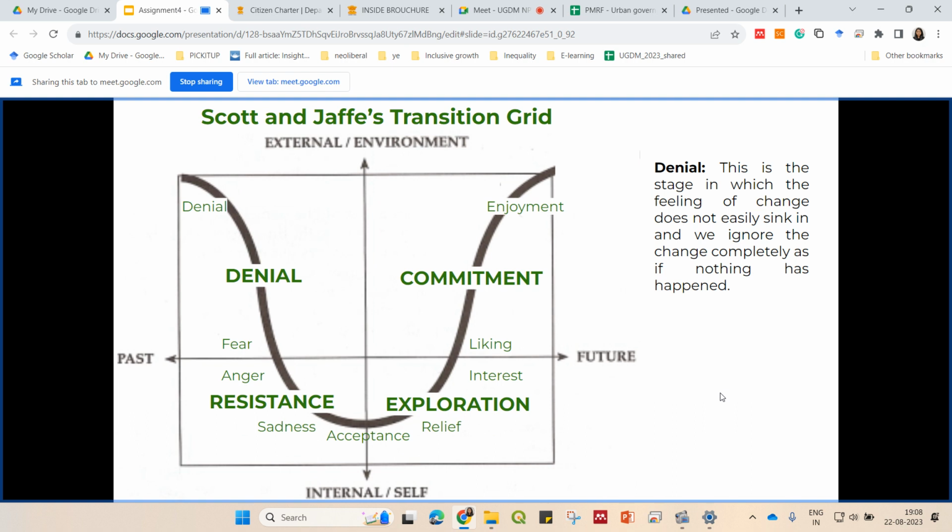You can communicate with them and make sure they understand why the change is happening, and the negative implications that might happen if the change doesn't occur.